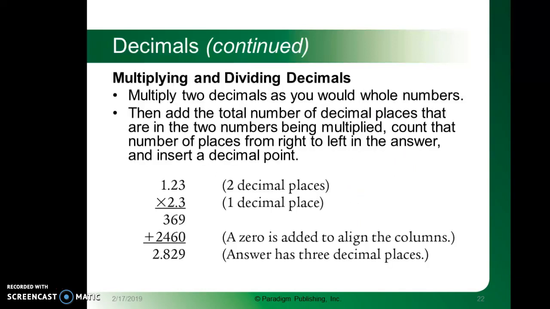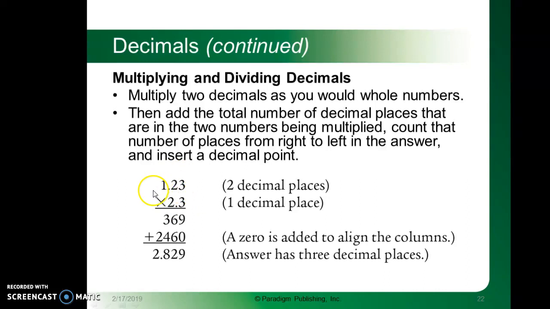When we're multiplying or dividing decimals, multiply the decimals as you would whole numbers, then add the total number of decimal places that are in the two numbers being multiplied. Count the number of places from the right to the left in the answer and insert the decimal point. So here you don't have to align the decimal points, okay?